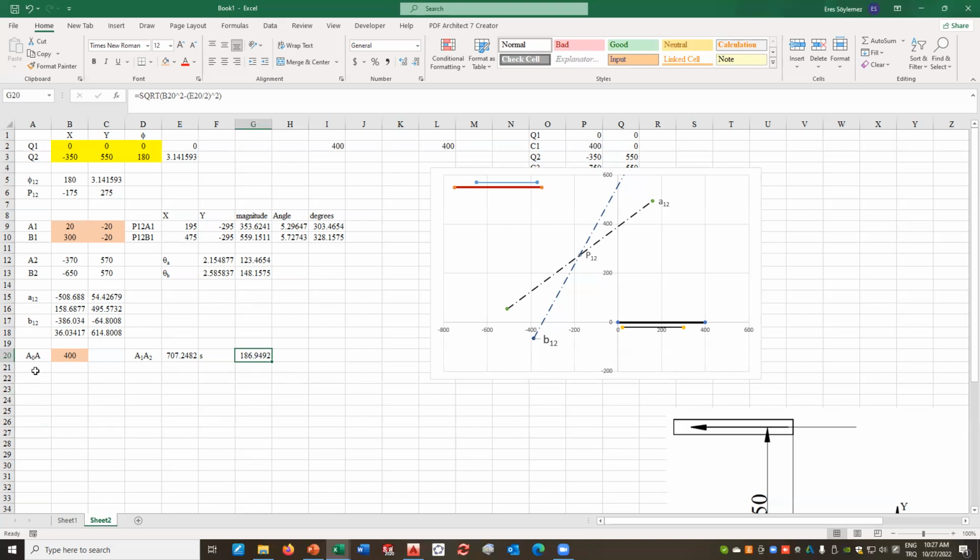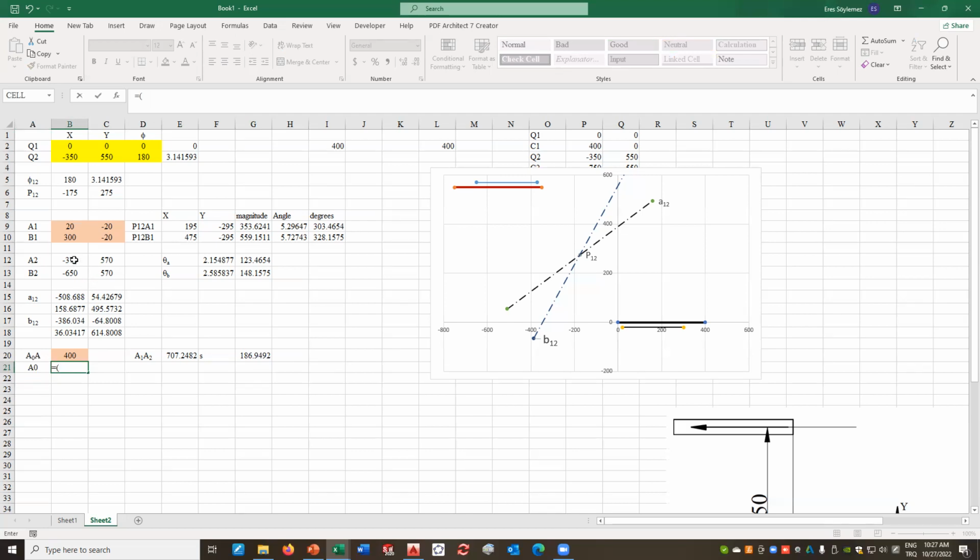So the A0 coordinate is, first of all, the x coordinate of the midpoint.